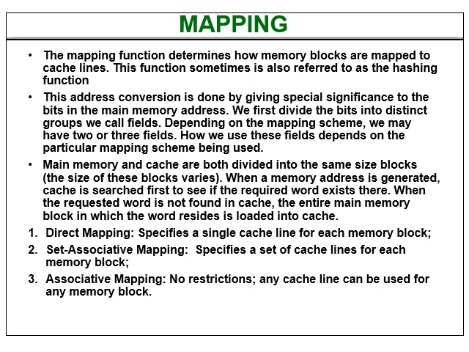So address conversion is done by giving special significance to the bits in the main memory address, right? Again, going with the same example, let us say our main memory has 128 words, divided into 32 blocks.